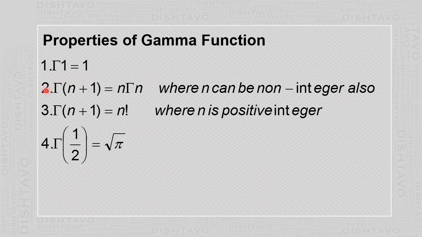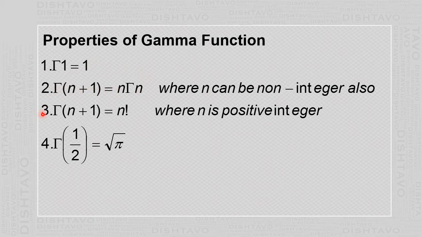Then the second property is gamma of n plus 1 equal to n times gamma of n. Here n can be an integer or a non-integer, and this is a very useful property.